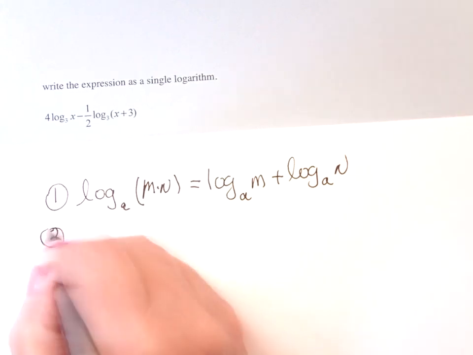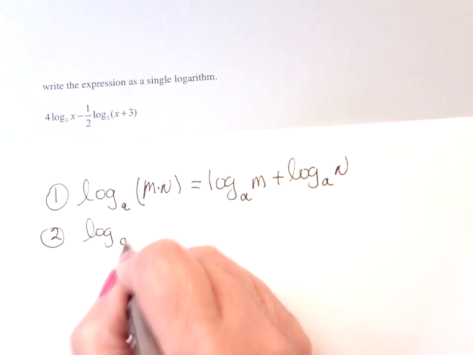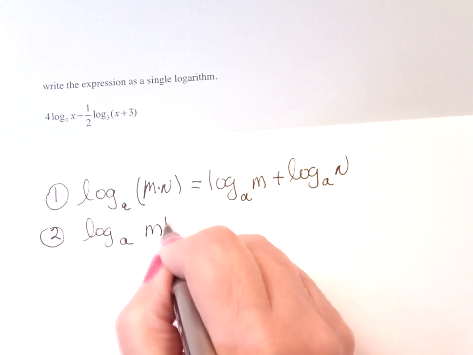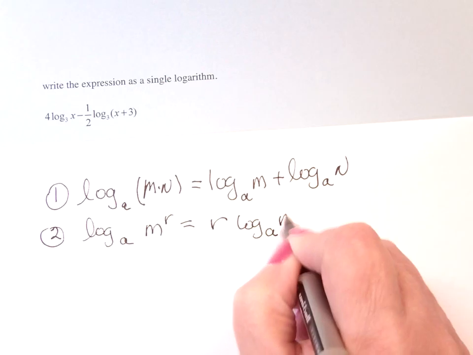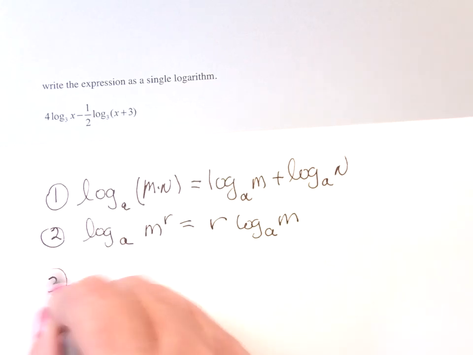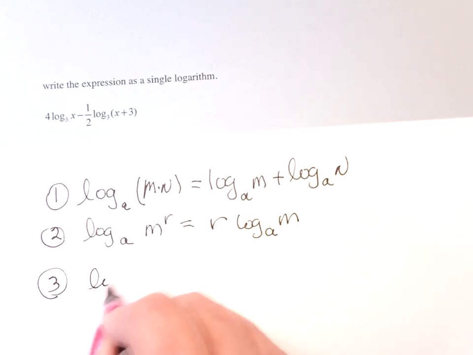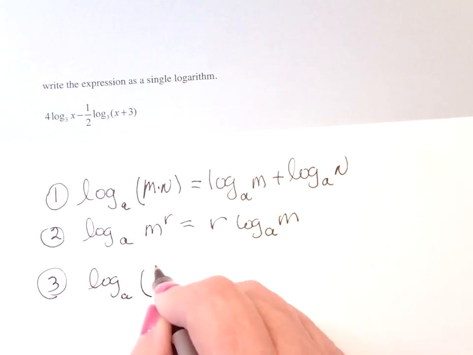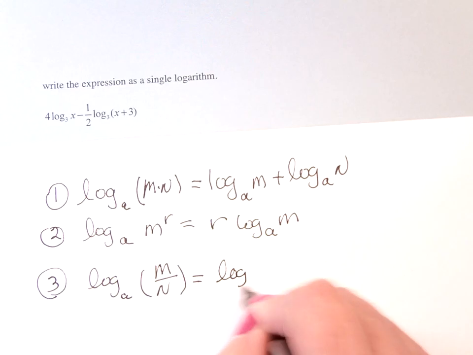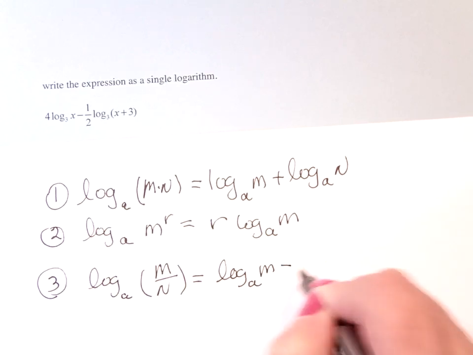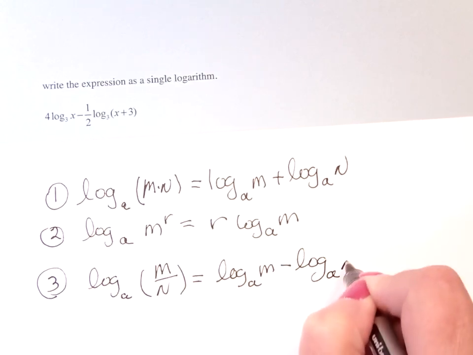And 2, log base A of m to the r is r log base A of m. And then 3, we have log base A of a quotient is log base A of m subtract log base A of n.